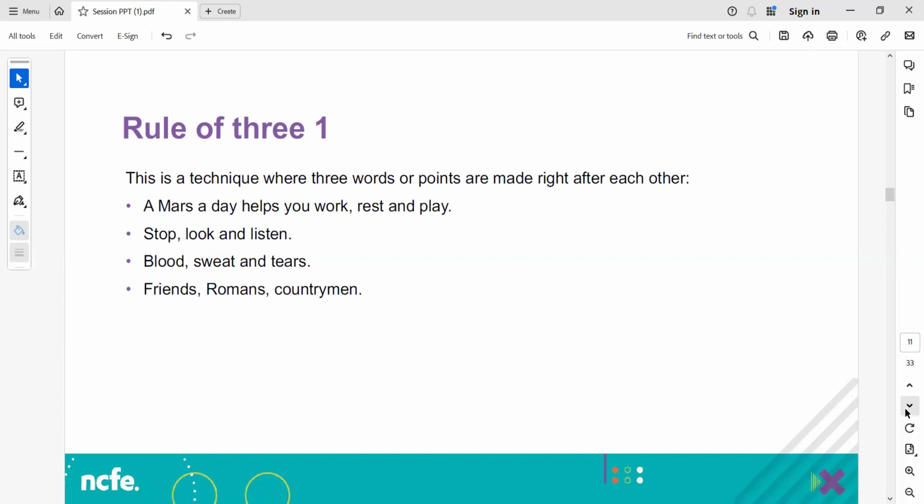So children learning about road safety, that rule of three, the rhythm of it, not repetition, but the three words, easy to remember. So often used in public information or advertising. Stop, look, listen. Blood, sweat and tears. Friends, Romans, countrymen. Okay, so that's what the rule of three is. There's some examples.